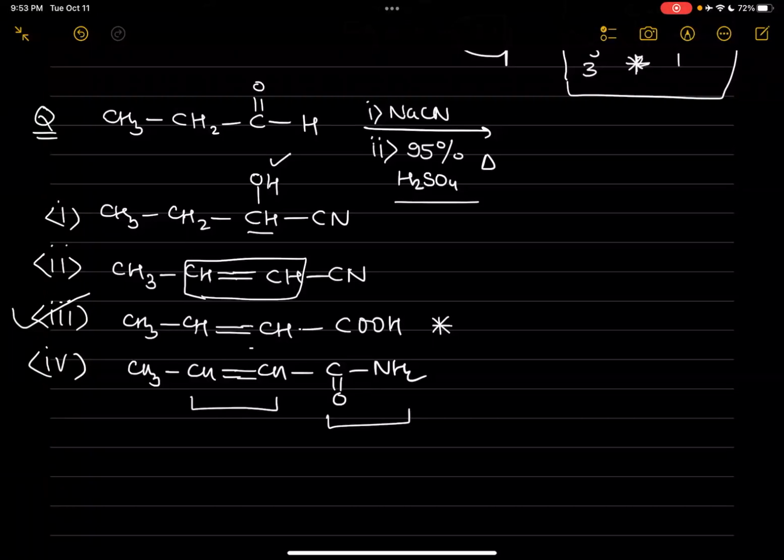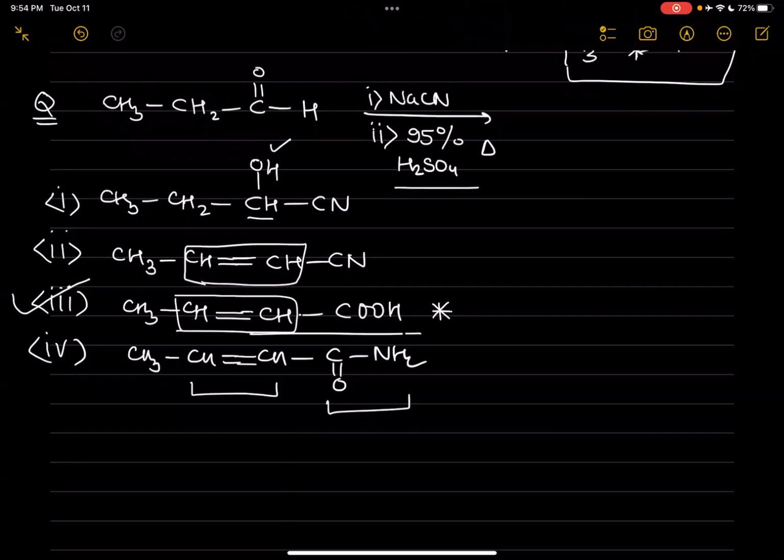Okay, so this is the answer. Clear? Right? So the last part in the session about H2SO4: actually, the water is removed. In alkene, you got alkene. And the water actually led the hydrolysis of the CN group to COOH.